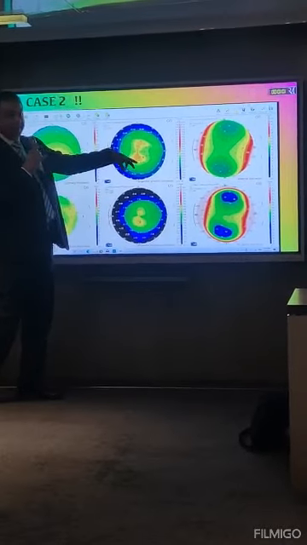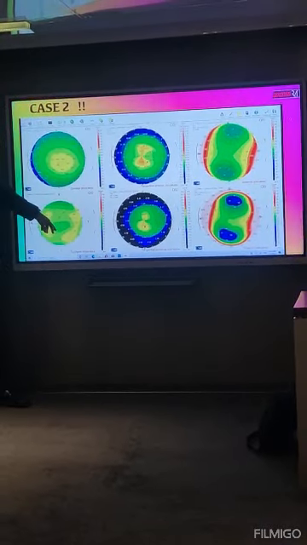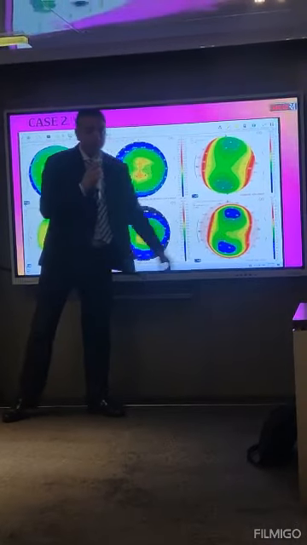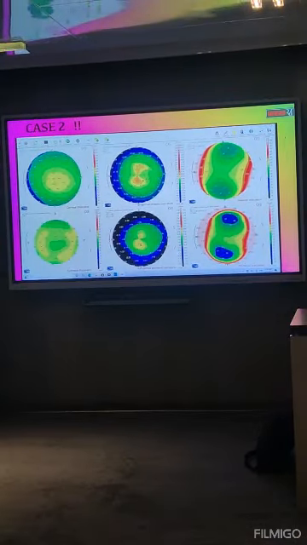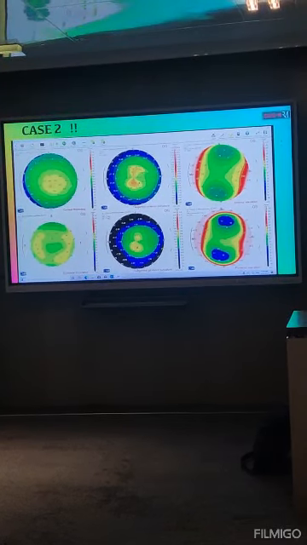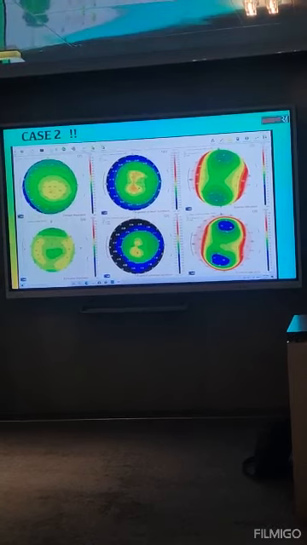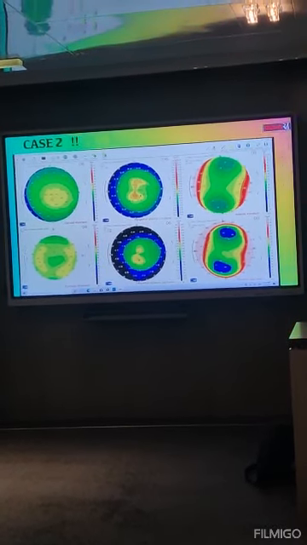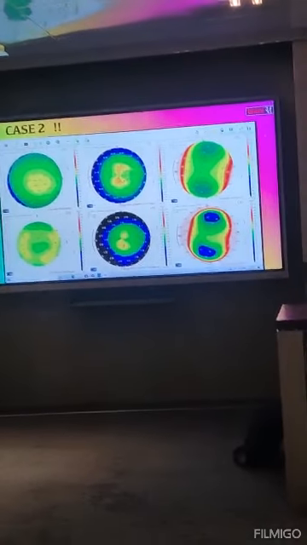Anterior curvature is steep. Thin epithelium at the same point. Even if I have normal posterior elevation, I don't rely on the posterior elevation all the time if I have the posterior curvature map and the epithelial thickness. So this patient for me is keratoconic, and I will go for treatment of the keratoconus.